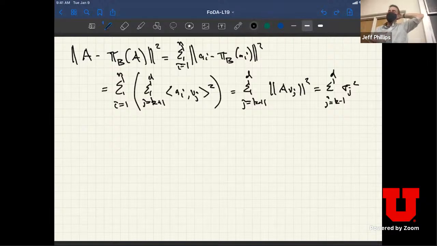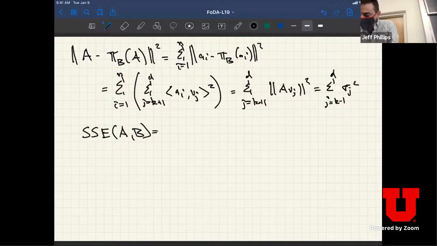Okay, so the singular value decomposition, if I use just the top k right singular vectors, if I write the sum of squared error of A and B, let me just write it up here.